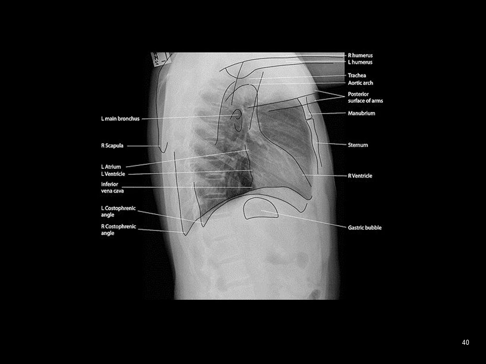So the left side of the patient is against the cassette, manubrium and sternum, right ventricle, which we already said makes up most of the anterior surface of the heart, the gastric bubble, and the left and right costodiaphragmatic recesses. And you can see a nice lateral view of the spinal column with the radiolucencies indicating positions for the intervertebral discs.